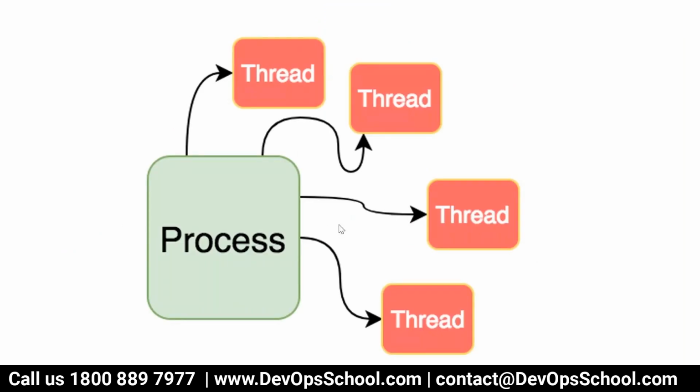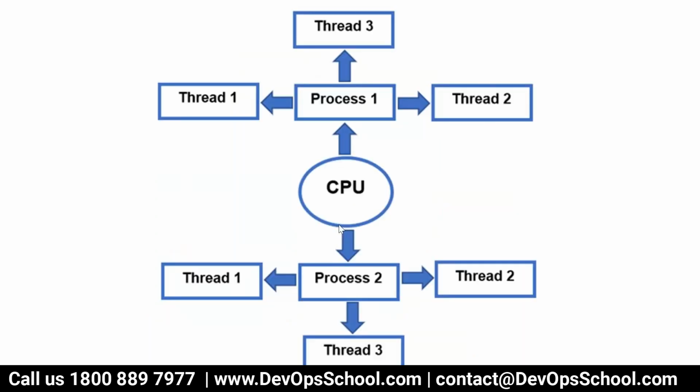If you see that image, you have one process and then you have multiple threads. Okay, so what is a process and what is a thread? If you see this image also, the CPU is given to the process, and each process has multiple threads. So the question is, what is a process and what is a thread?